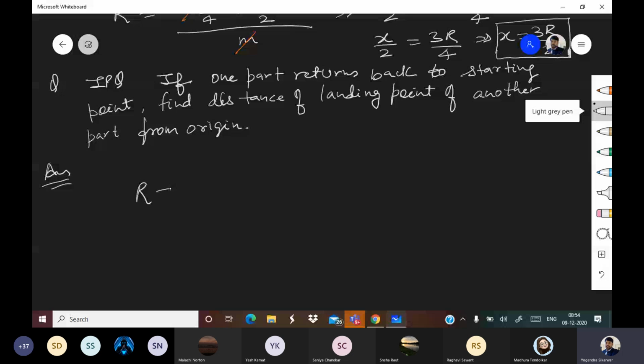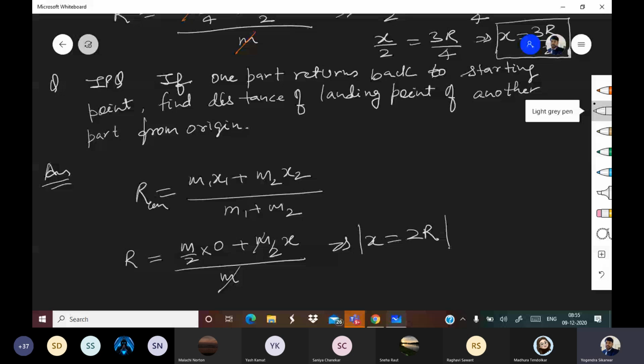So r is m by 2, x1 is 0, plus m by 2 into x, upon m by 2 plus m by 2, which will be m. I'm writing directly. So that gives us x is equal to 2r. It was that simple. Clear, everyone?